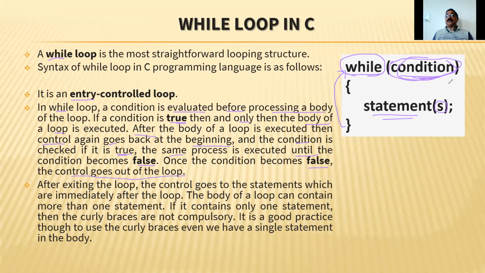Then you come out of this loop, and the next statements written after the while loop will be executed. So after exiting the loop, the control goes to the statements which are immediately after the loop.